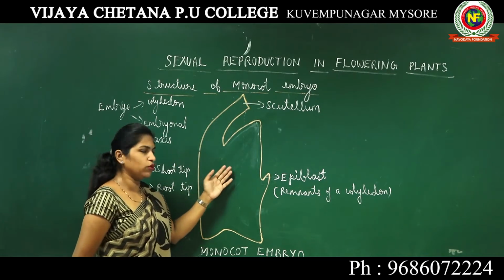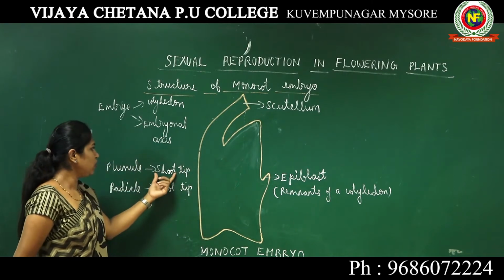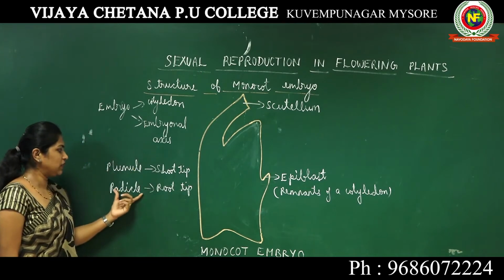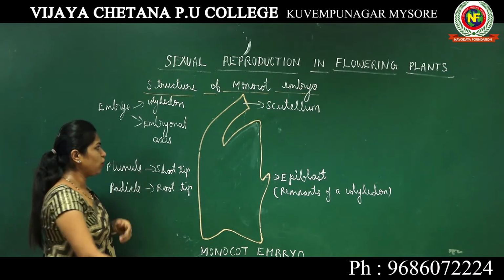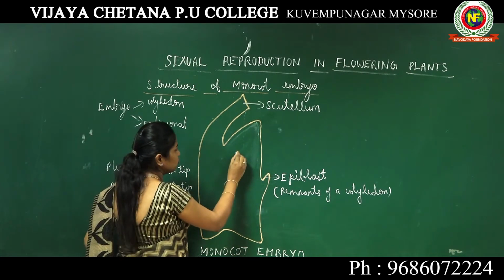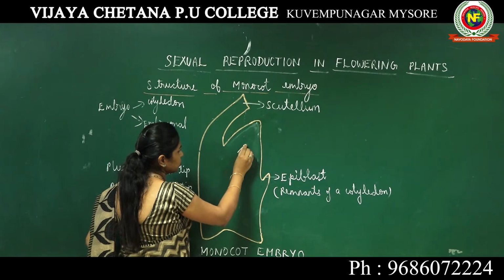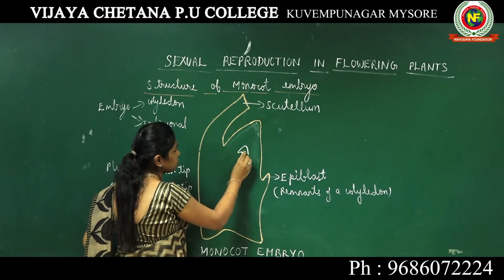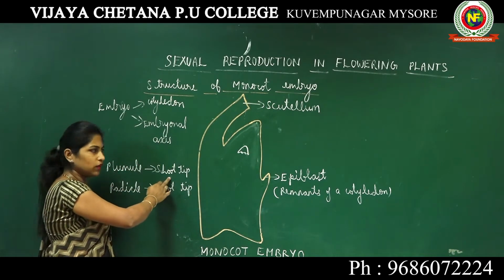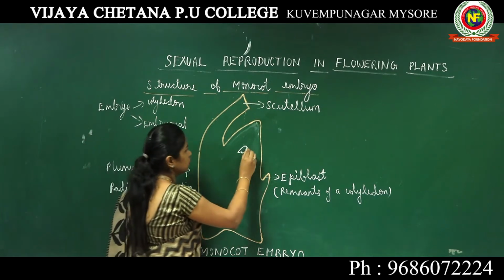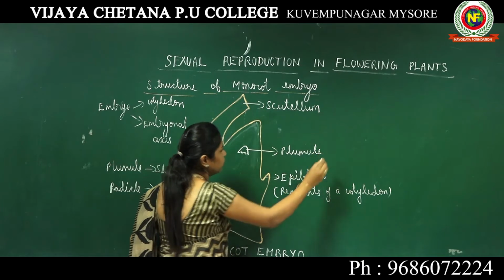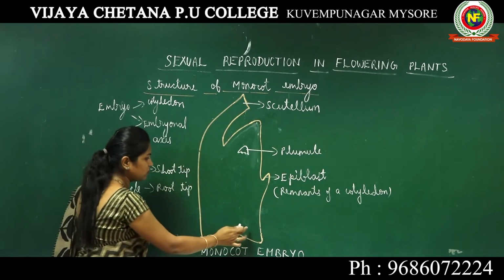In this monocot embryo also, we have a shoot tip as well as a root tip. We have a plumule as well as a radicle. Plumule is always present at this part of the embryo. It can also be referred to as shoot apex, and this part is referred to as plumule.